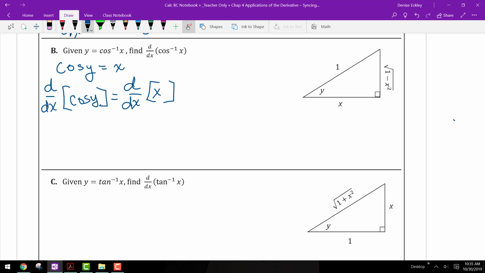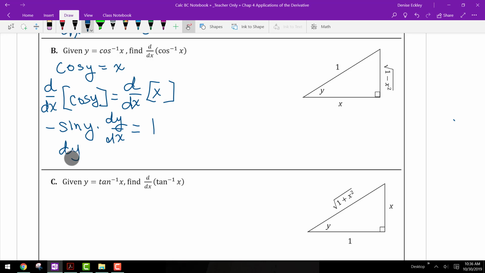And we're going to have to use our implicit differentiation chain rule. So the derivative of cosine is minus sine, so we'll have a minus sine y. And then, of course, we need the derivative of y, which will be dy dx. And that's going to equal the derivative of x, which is 1.